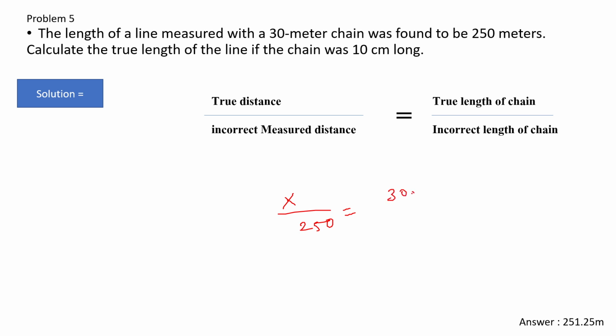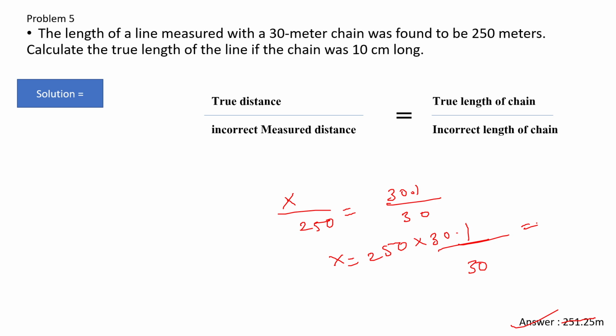So 30.1 I'm writing here, and here it will be 30. When we solve it for x, it will be 250 multiplied by 30.1 divided by 30. It will be our answer. I don't know if it is correct or not. Just calculate it. Whatever it comes to, it will be your answer.